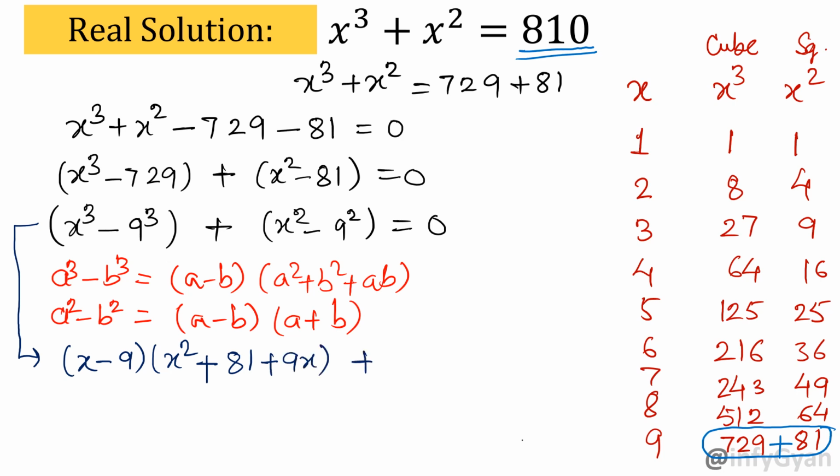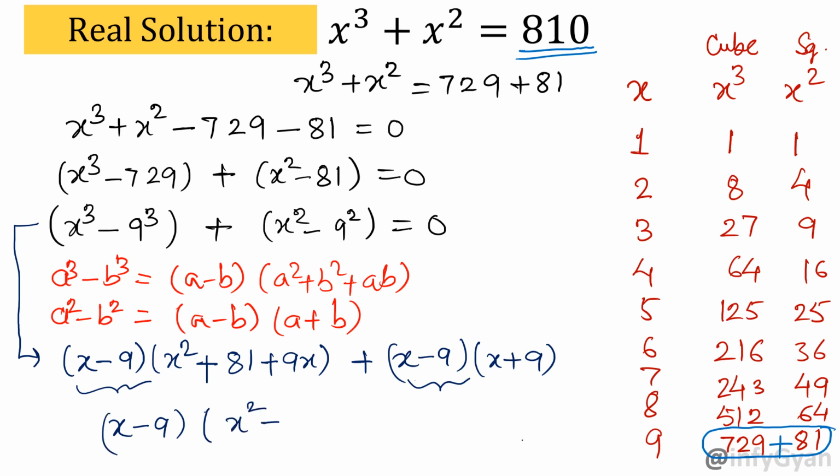Similarly, difference of squares, x minus 9, x plus 9. You can see x minus 9 is common. So I will take x minus 9 common out. So what will be left? x square plus 81 plus 9x plus x plus 9 equal to 0.